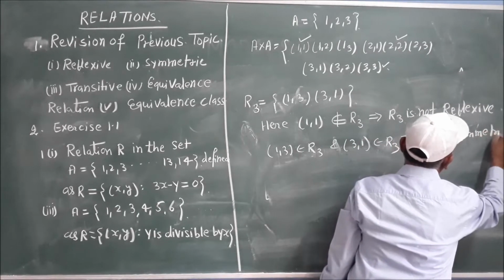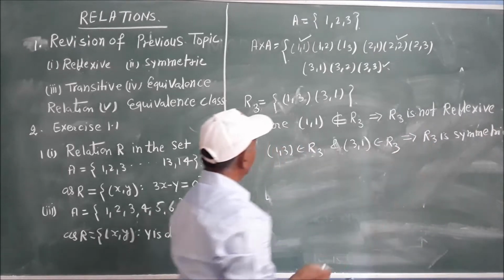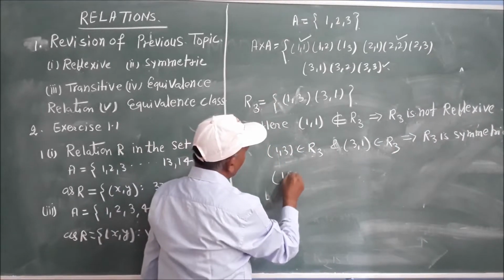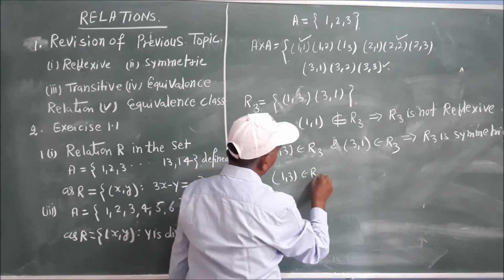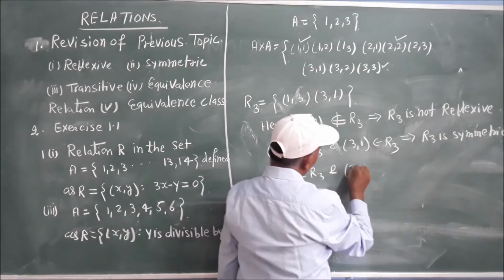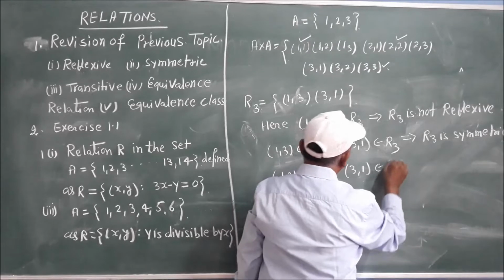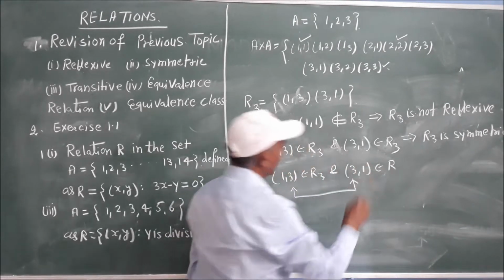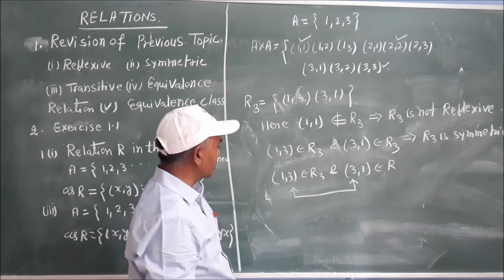R3 is symmetric. And after that, for transitivity, here (1, 3) belongs to R3 and (3, 1) belongs to R3. The second element here is 3 and the first element of the other is also 3.